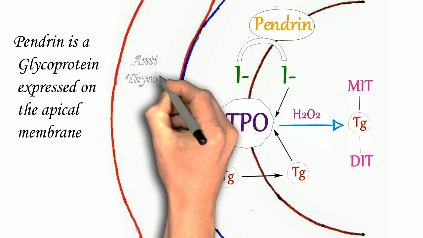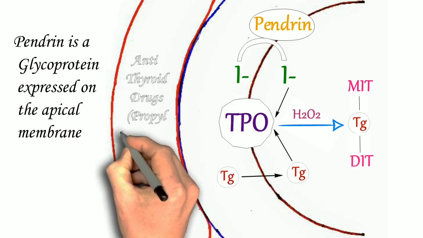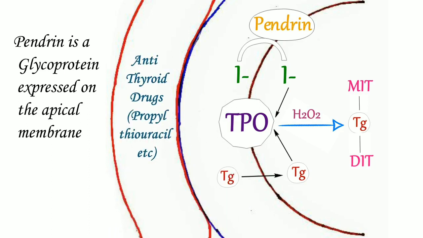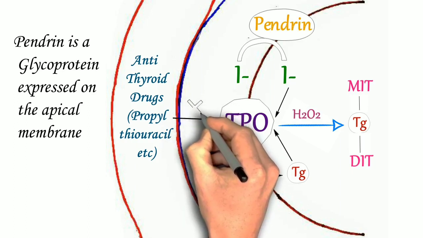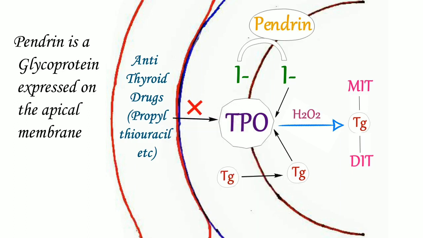If we correlate with pharmacology, antithyroid drugs like propylthiouracil, methimazole, carbimazole inhibit the function of thyroid peroxidase, thus inhibiting thyroid hormone synthesis. Thyroid peroxidase requires hydrogen peroxide. Now that is generated by thyroid oxidase 2, THOX2, and this step is inhibited by iodide excess. So iodide excess actually prevents thyroid hormone production.